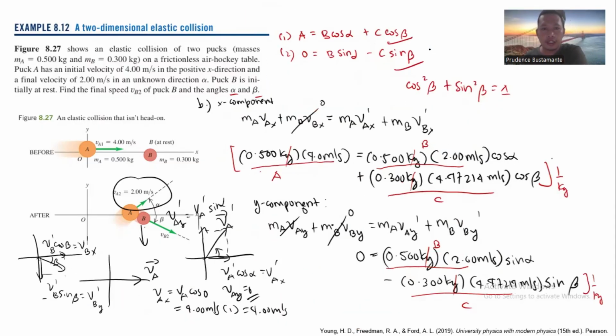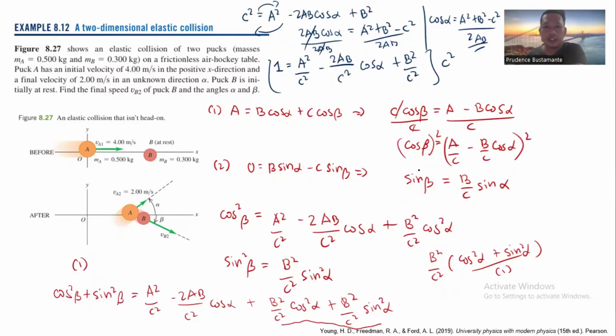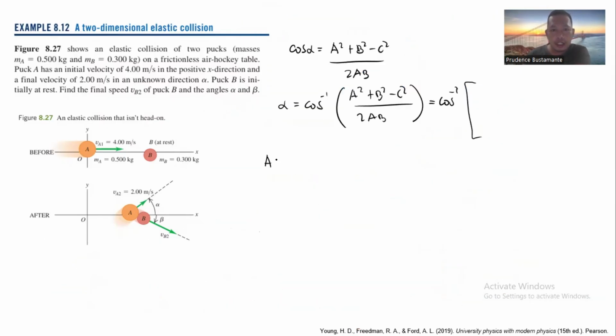Let's go back here. A is just equal to 0.5 times 4, which is 2 meters per second. B is just equal to 1 meter per second. And C is just equal to 0.3 times 4.47, which is around 1.341642.